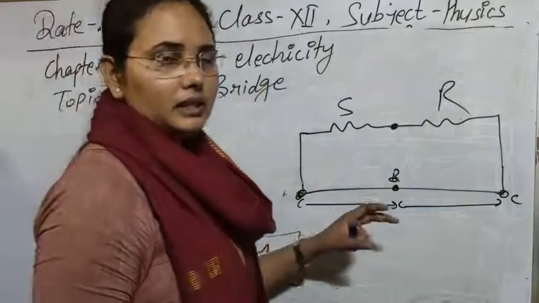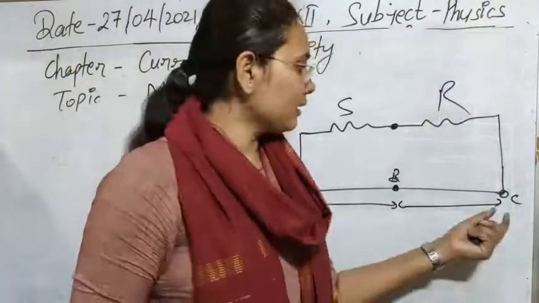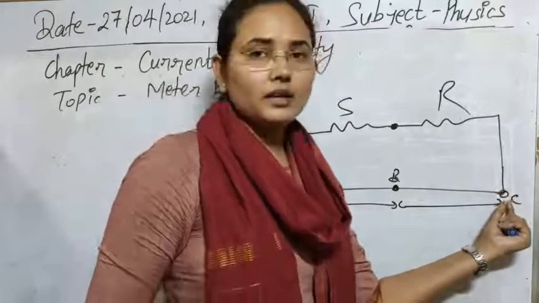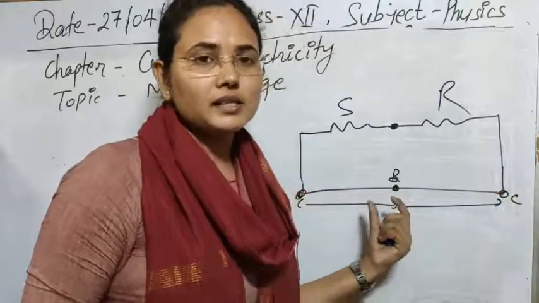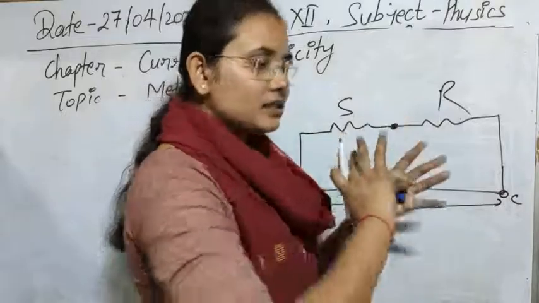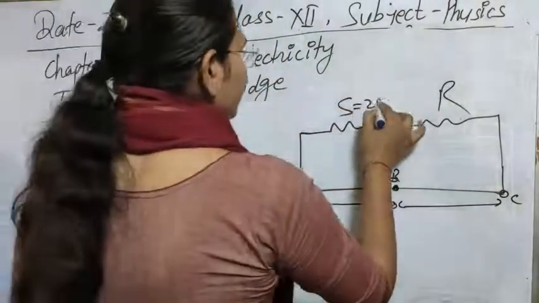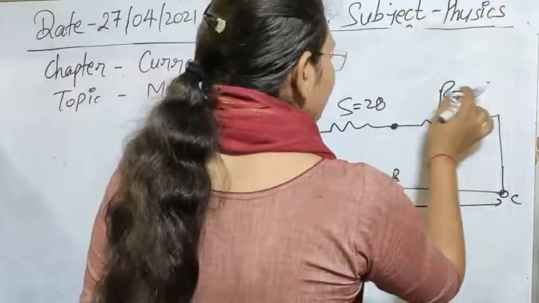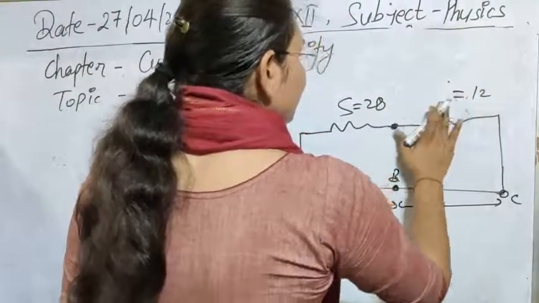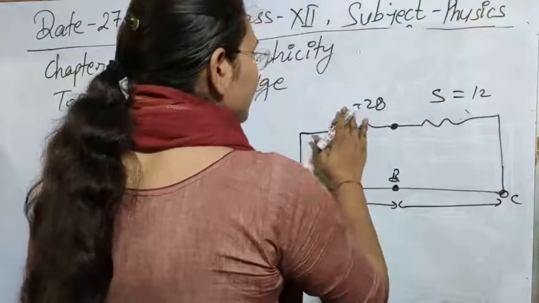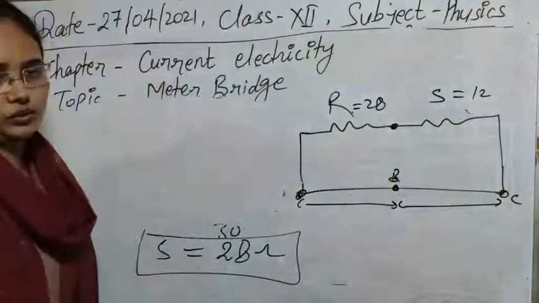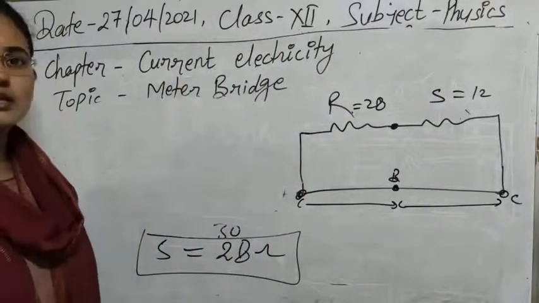It doesn't mean that you have to change the point from here. You are just calculating its length here. Only we are interchanging the two resistances with each other. So if you connect S here, that is of 28 ohm, and this is of 12 ohm. Suppose this is our S, this is our R, means we are interchanging its values only. Clear?